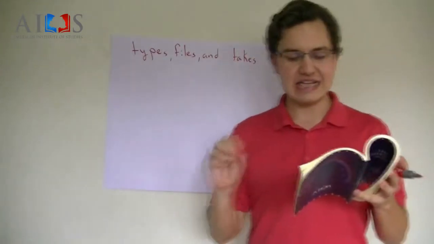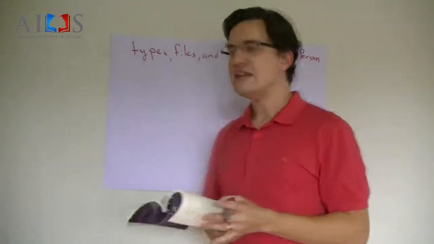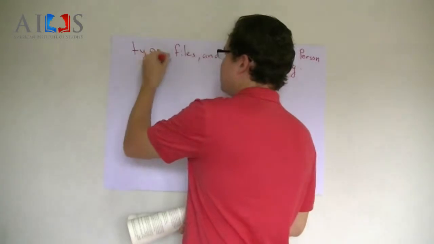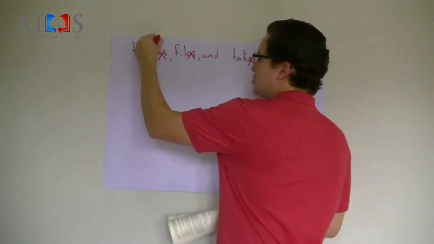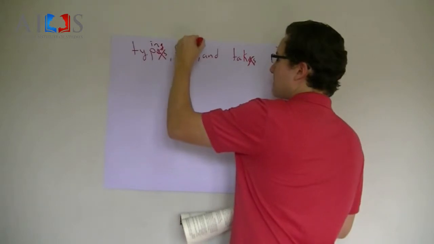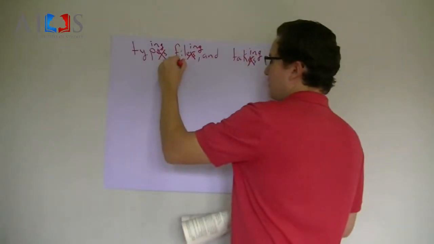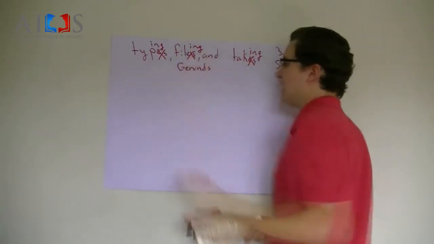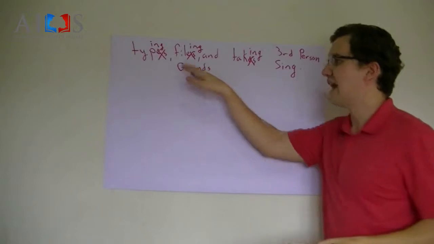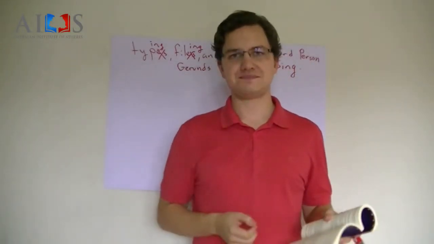Typing, filing, and taking notes are Sarah's strongest skills. Now, because you change these to ing, they become gerunds. Remember that word? Gerunds. Verbs ending in ing, acting as nouns. In that example, they're the subject.